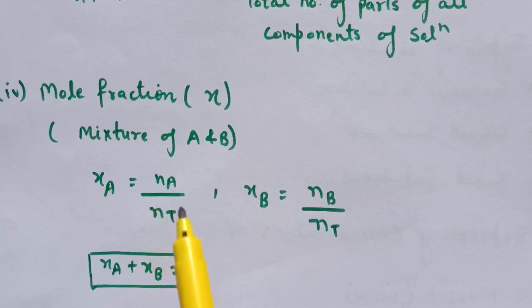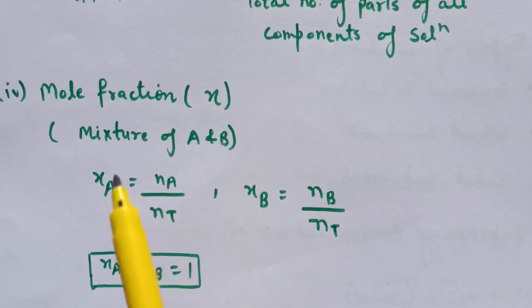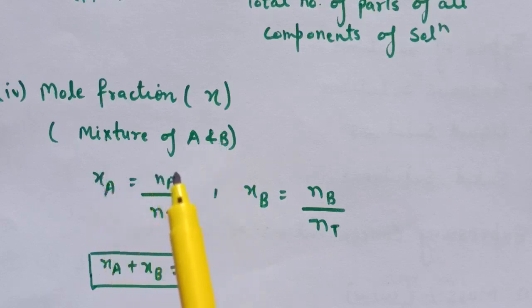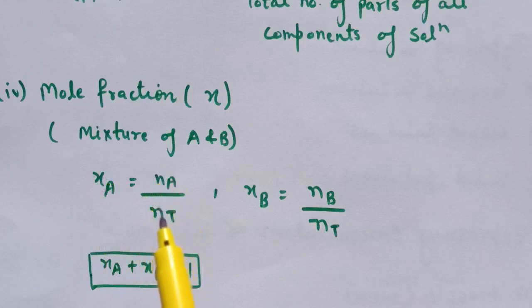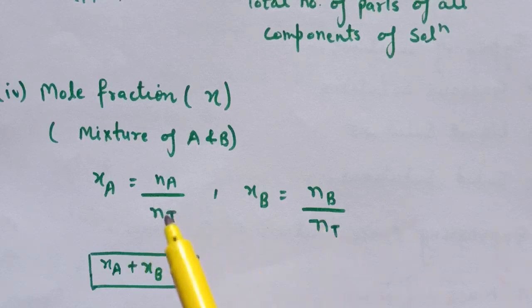Suppose we have two components in the mixture, A and B. Then the mole fraction expression for component A will be equal to number of moles of A upon number of moles of A plus number of moles of B, that will be nT, that is total number of moles.